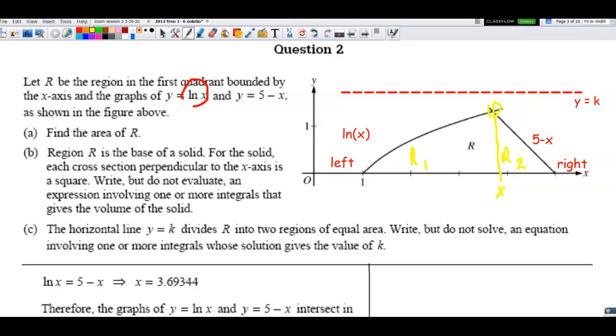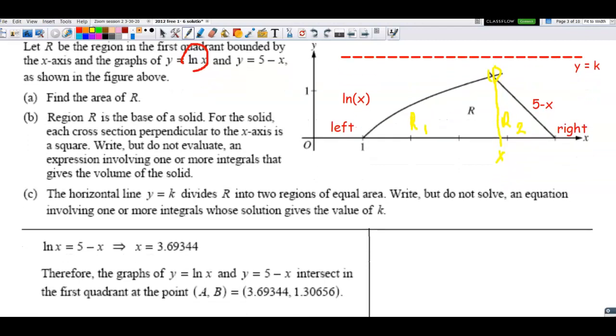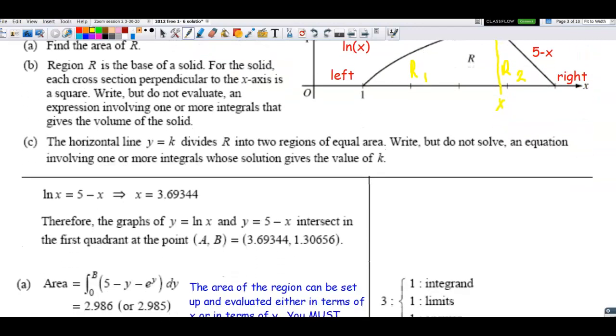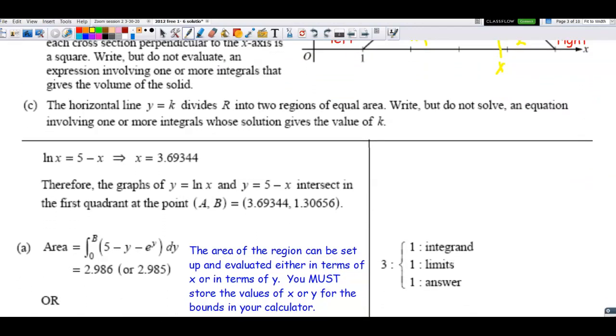But again, you can do it in terms of y. I just think it's got a lot more places where you can make a mistake. So in terms of, well, they're going to do both. So first of all, we're going to need that x value for the point of intersection, which is 3.6934, which gets stored into your calculator.